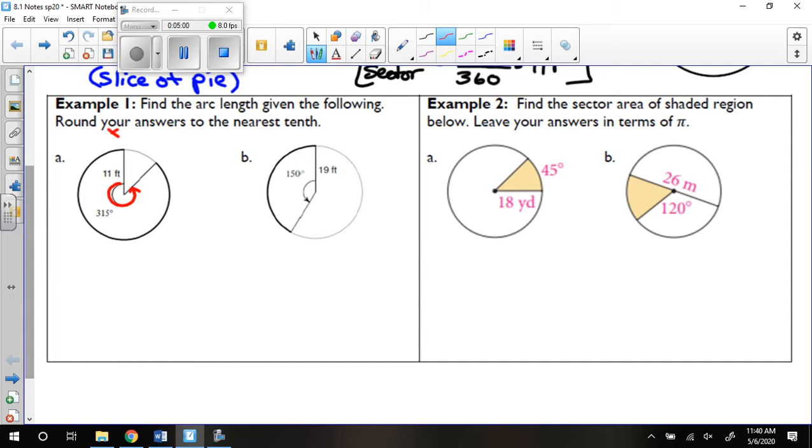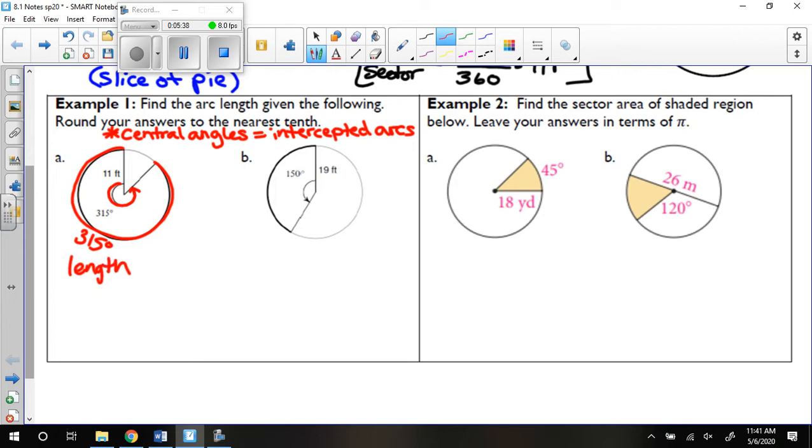And we talked in our last unit that central angles are equal to their intercepted arcs. So if I have a 315-degree angle, then I also have a 315-degree arc going from here all the way around to here.